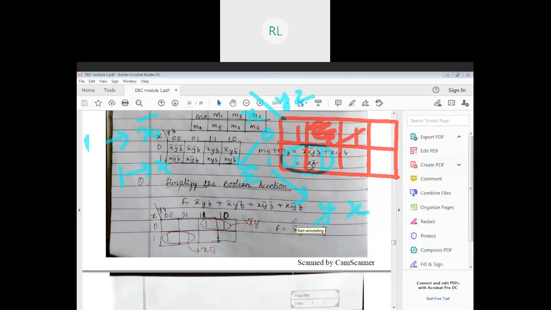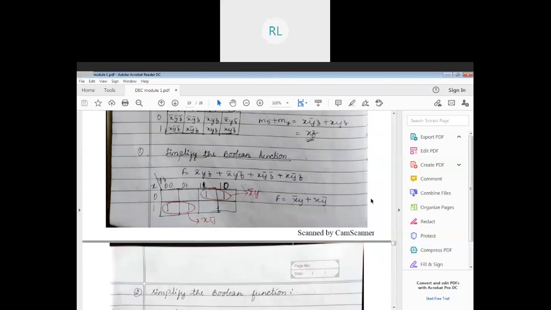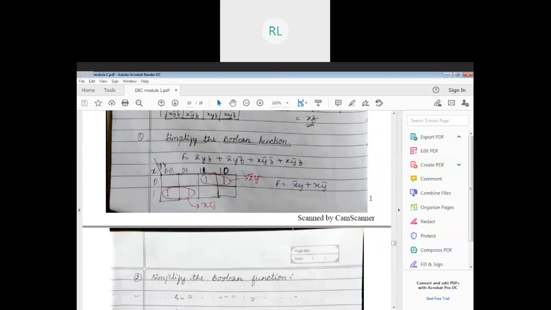So this is going to be my x bar, and this is going to be x, because it's high. Accordingly we get the final equation. So what's the final equation? I have x, y bar, and then x bar, y. So I get my final equation. Is it clear, students? Can we proceed to the next section?